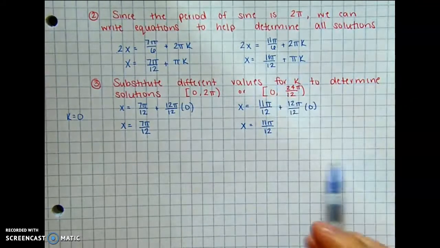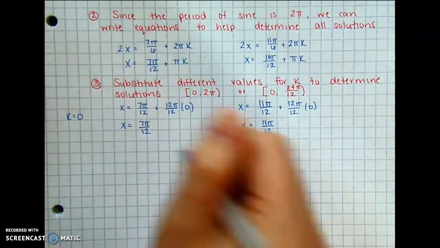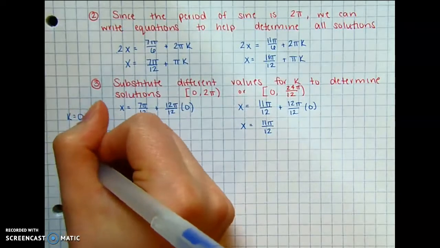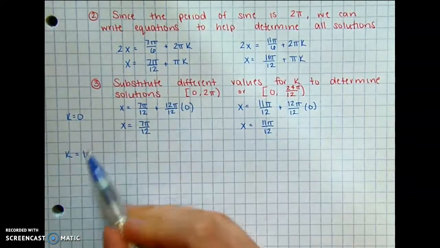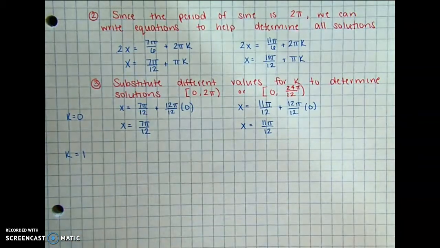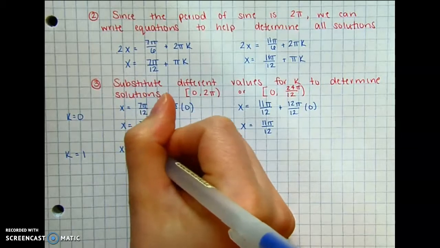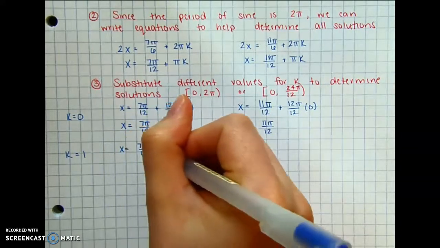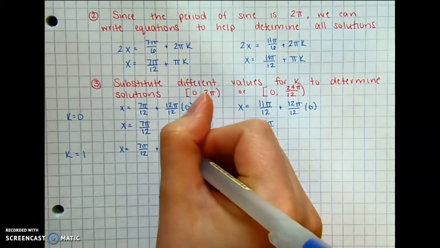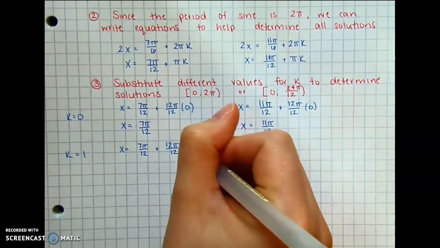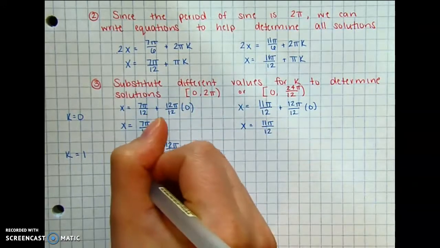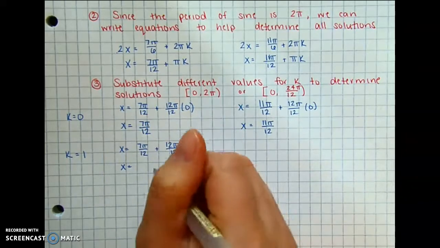Now there could be more. So what if k is 1? These are just angles that are basically coterminal. So x equals 7 pi over 12 plus 12 pi over 12 times 1, is 7 plus 12, it's 19.